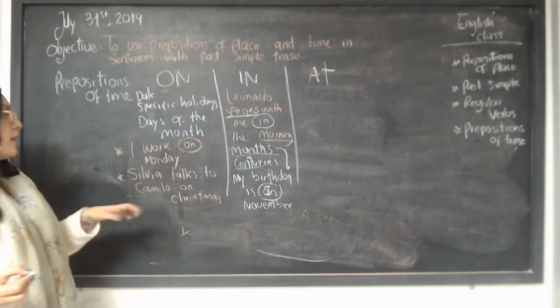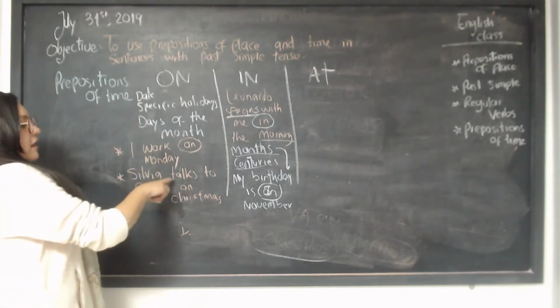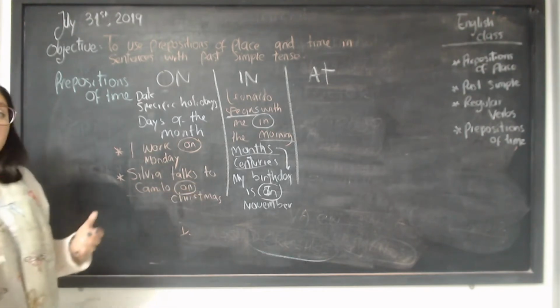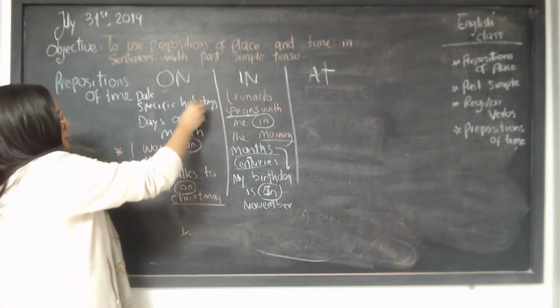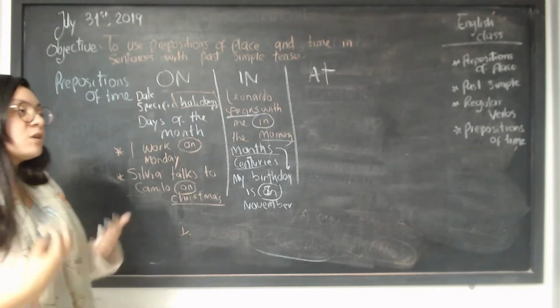So for example, I can say, yo trabajo el lunes, o Silvia habla con Camilo en Navidad. Okay, so a specific stage of the time. And Christmas is a holiday. Es un festivo específico, es un festivo que tiene nombre.